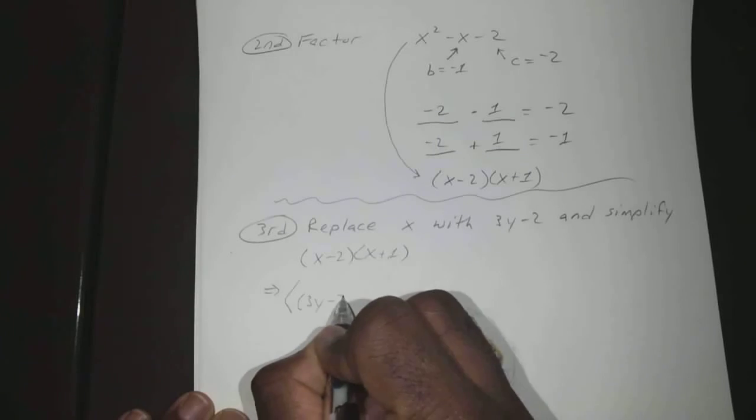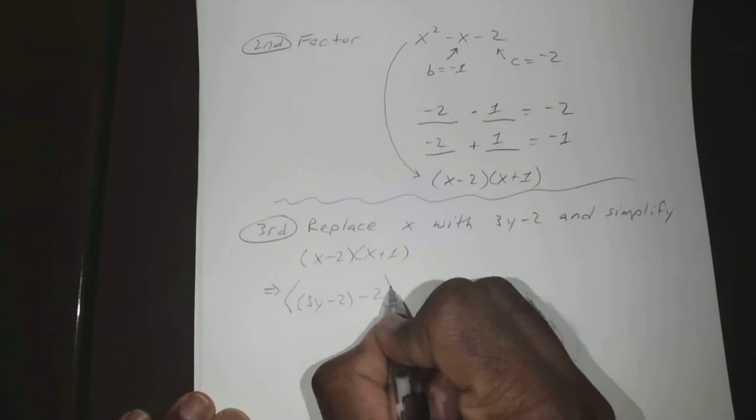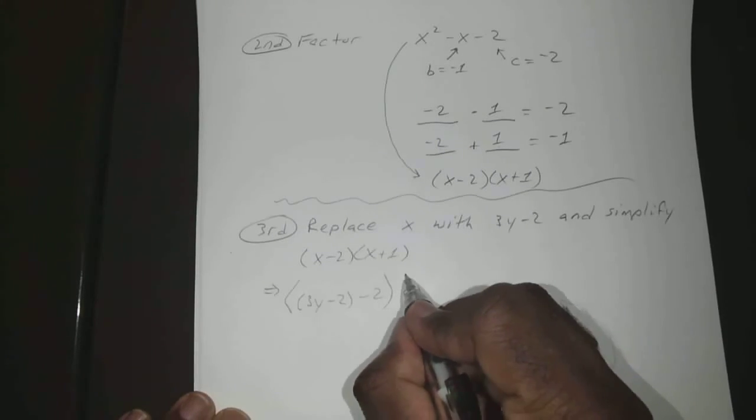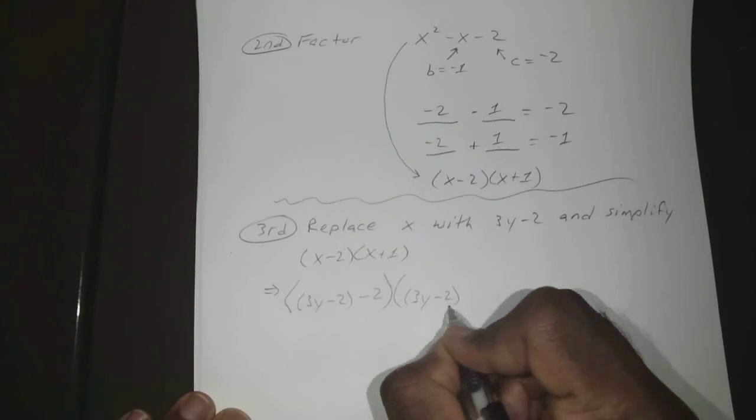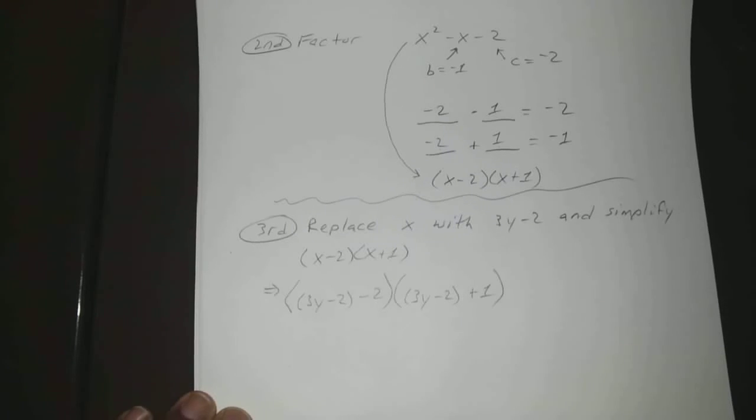So 3y minus 2, minus 2, put the bigger parentheses up there. And instead of x plus 1, we have 3y minus 2 plus 1.